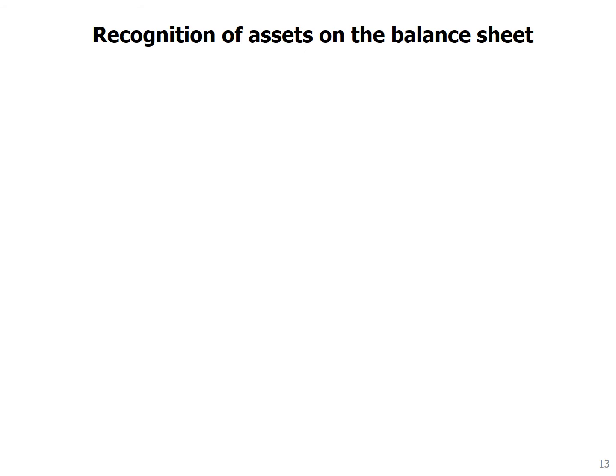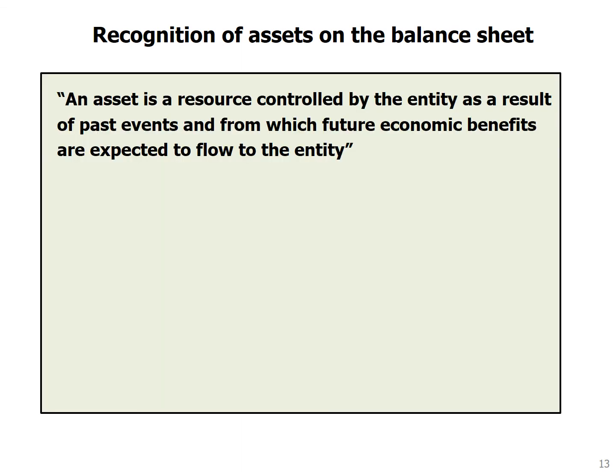Under IFRS, firms are only permitted to recognise assets in the statement of financial position provided they meet the following requirements. An asset is a resource controlled by the entity as a result of past events and from which future economic benefits are expected to flow to the entity.